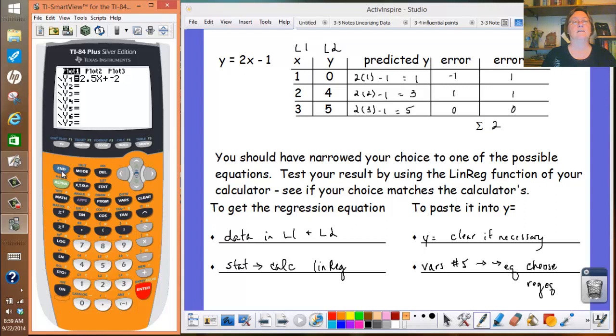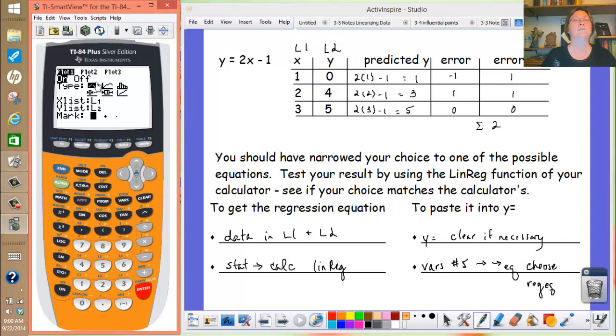Now I want to see that with the scatter plot. I'm going to make sure that I have my settings correct. Here are the settings that will show me the scatter plot. I'm in plot 1, so that was stat plot, second and y equals to get here. I have scatter plot turned on. It's looking at lists 1 and 2.